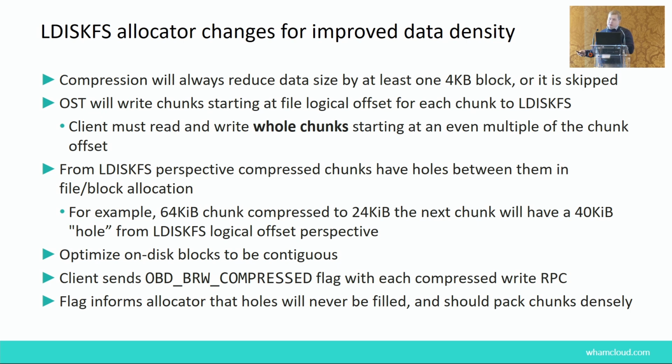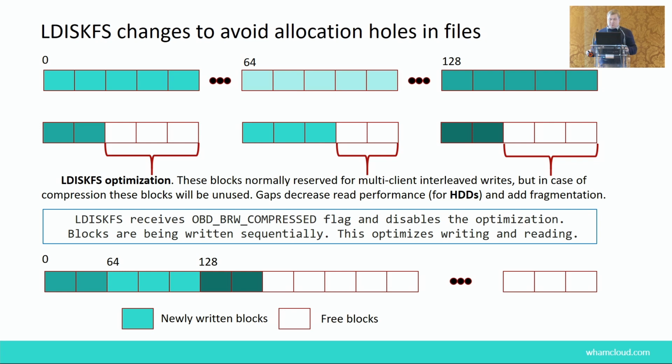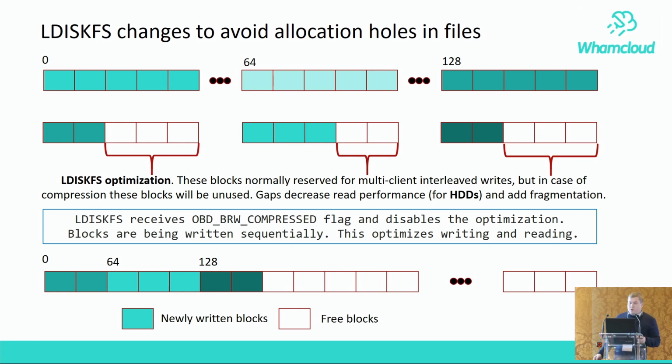And finally, on the LDiskFS side, we have data, hole. So the MB allocator optimizes this case and reserves these holes for future writing. But these holes will never be written, because it's a client-side data approach.